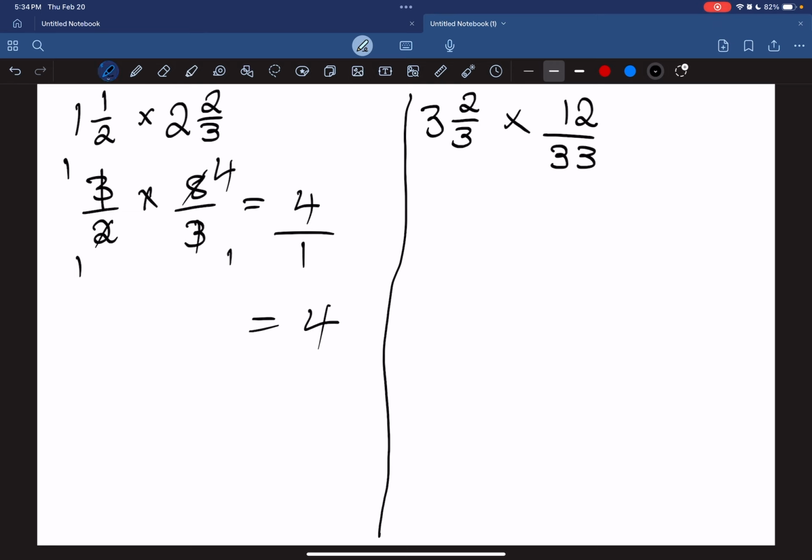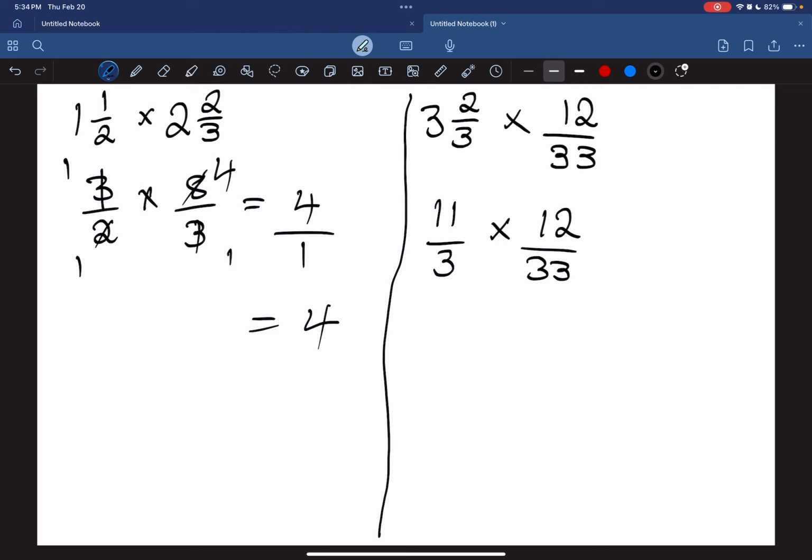Even though you're seeing only one mixed number, change that one mixed number. So 3 times 3, that's 9, and 2, that's 11. 11 over 3, times the same 12 over 33, because we cannot do anything to that. That's already a fraction for us.